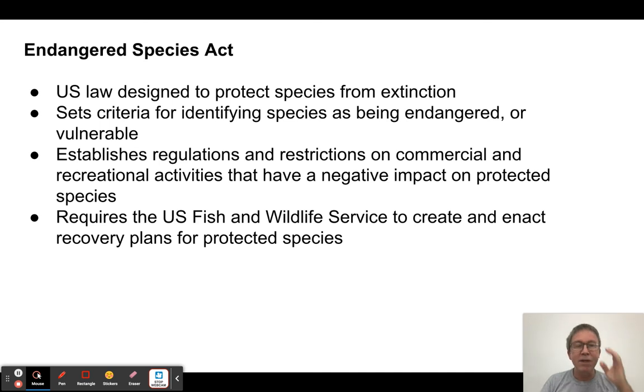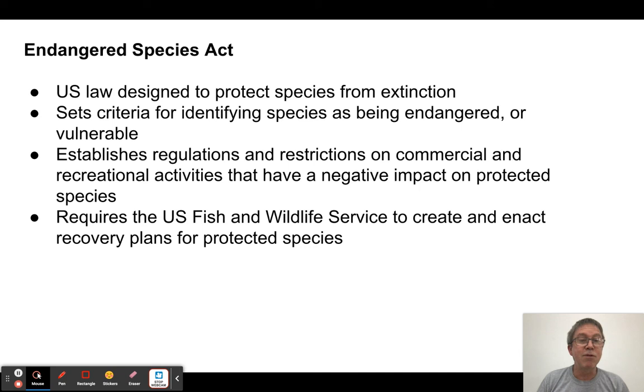Now in this case, instead of it being the Environmental Protection Agency, it's the U.S. Fish and Wildlife Service. And it basically says you have to establish regulations and restrictions on commercial and recreational activities that could impact a species once it has been identified as an endangered species or a vulnerable species or a threatened species. And furthermore, it says, and Fish and Wildlife Service, you have to come up with and oversee the enactment of recovery plans for these protected species.